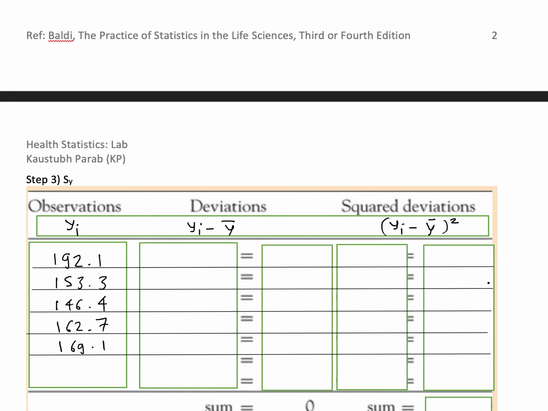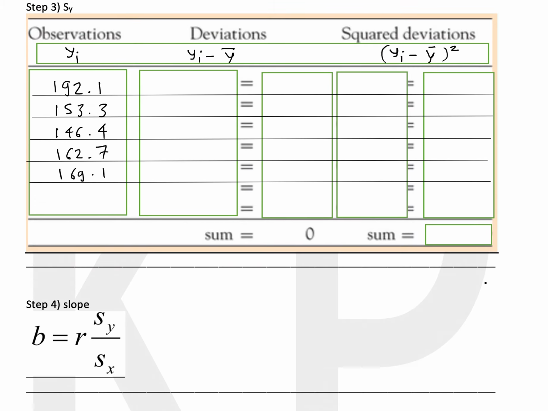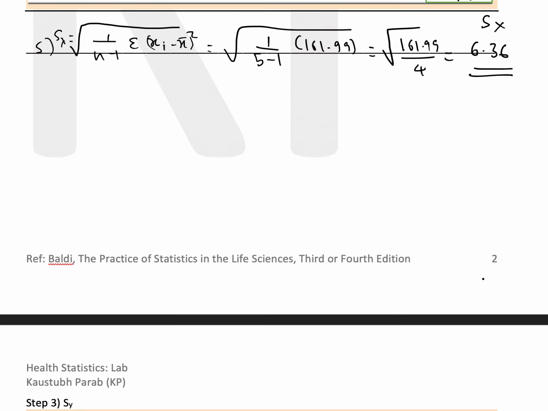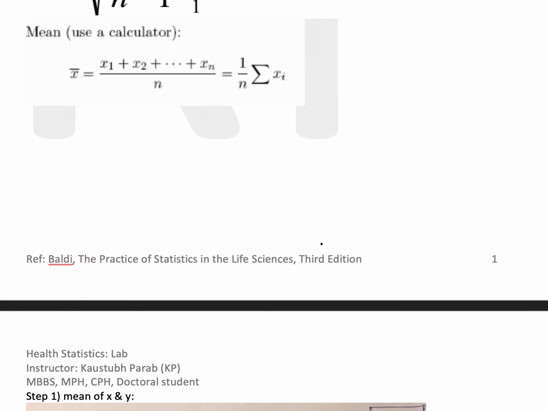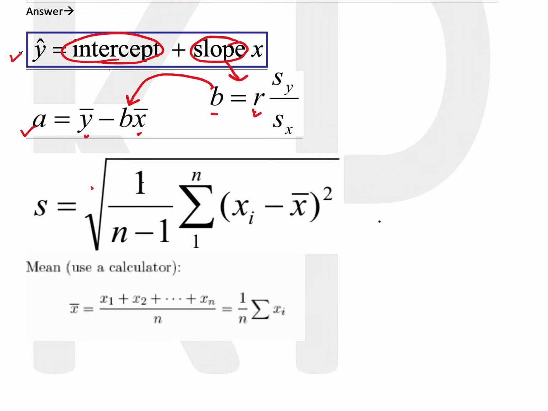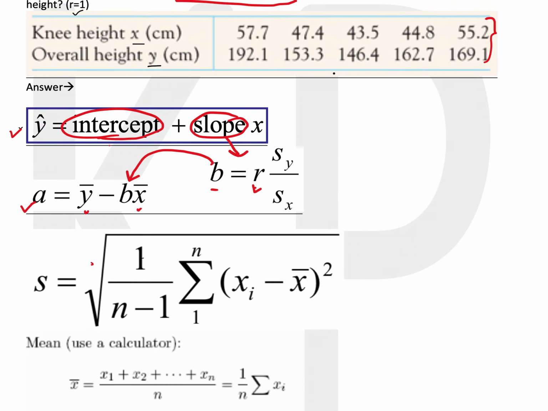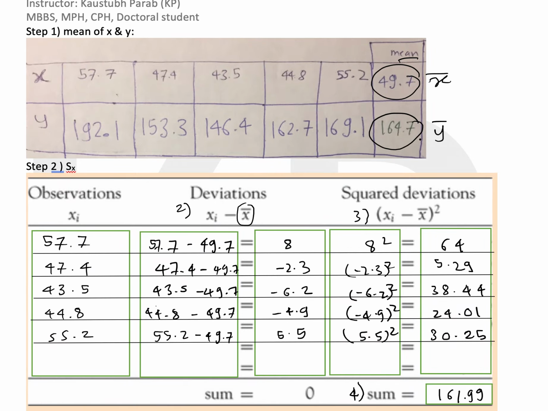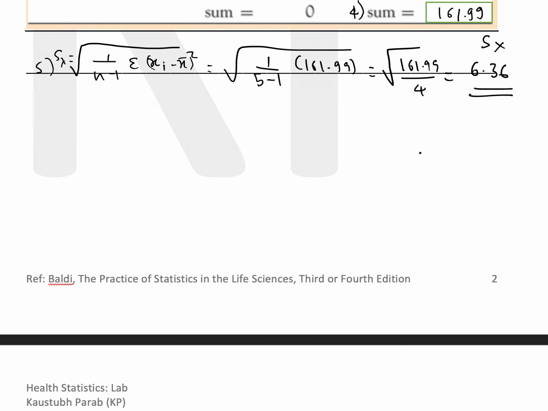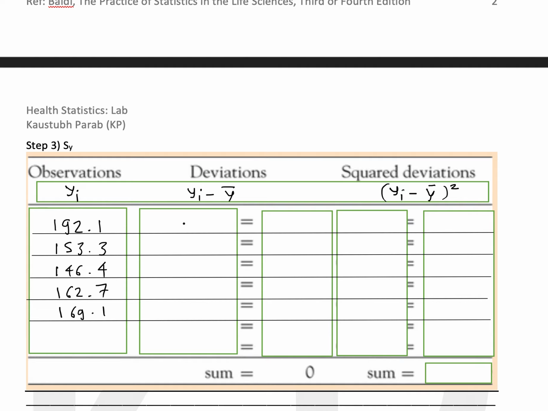So now you can apply the similar process, similar steps to the y variable. So in this case y variable is overall height. So now just take these data points, calculate the mean for that. Once you have the mean, then subtract the mean from individual values.